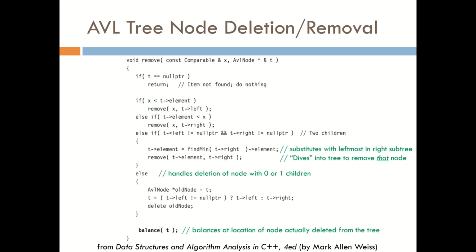Let's take a look at the node deletion and removal. You'll notice that this is also a recursive function that takes the comparable, i.e. the value that I want to remove from the tree, and an AVL node pointer, and it goes through and actually removes the item.